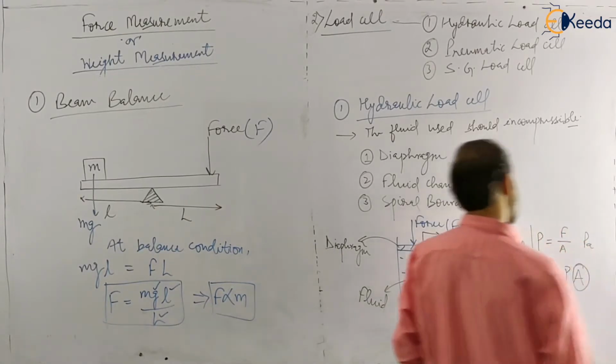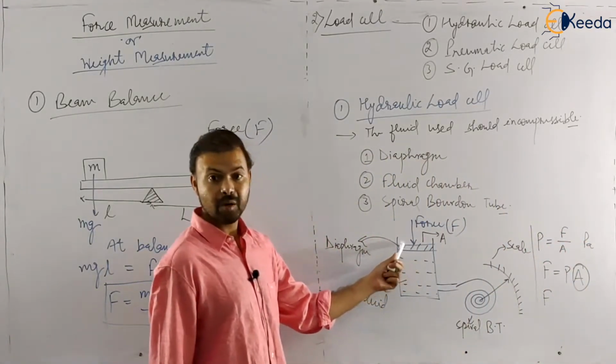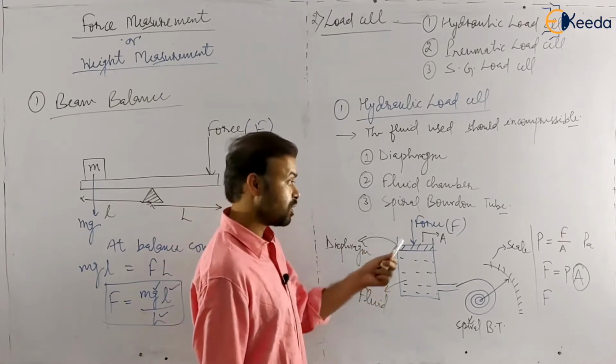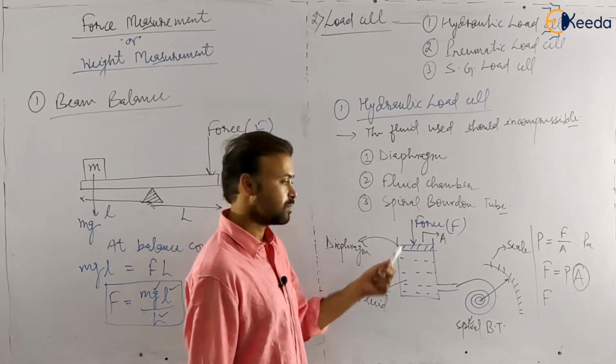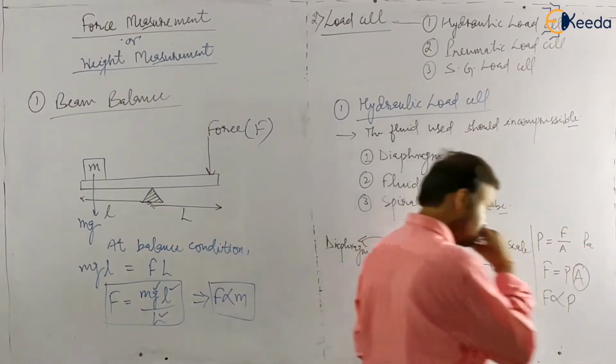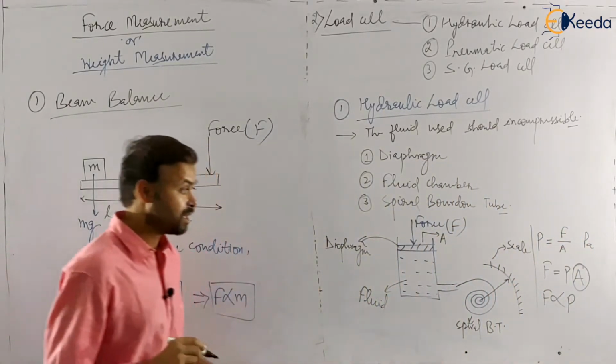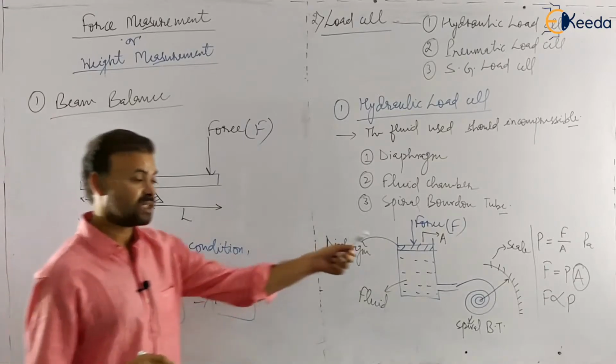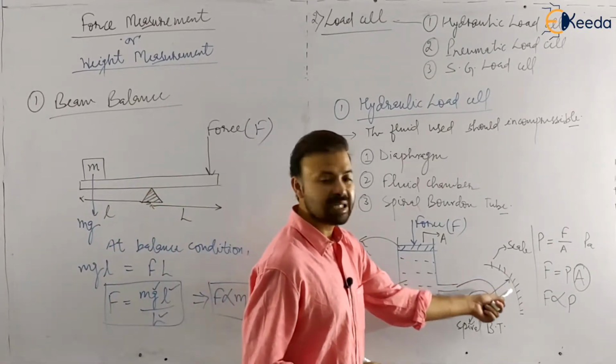The area of the diaphragm is constant, right? It is not changing. So force will be directly proportional to pressure, and we know that pressure is directly proportional to the deflection shown on the scale.